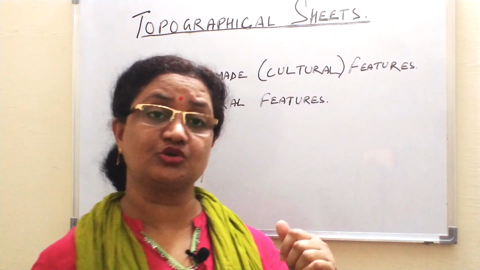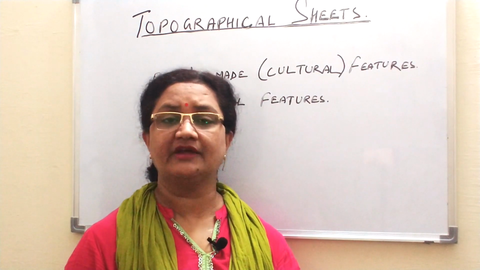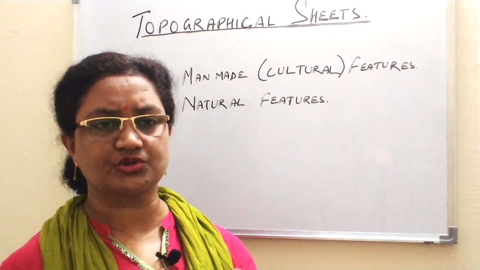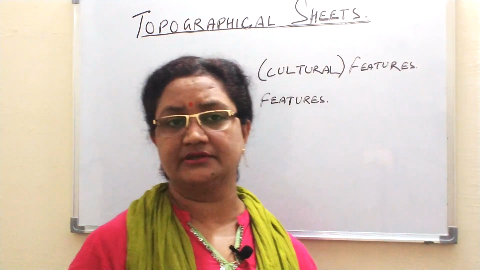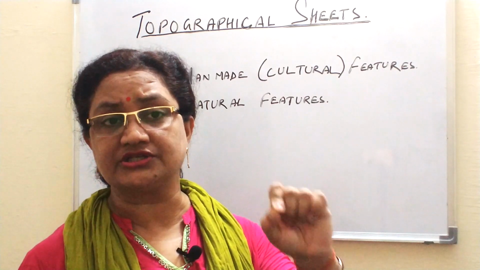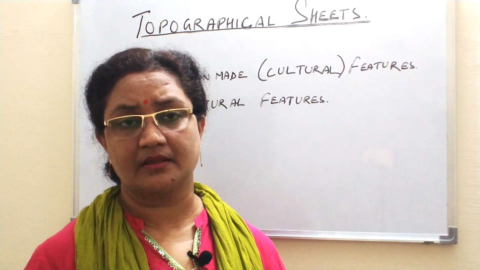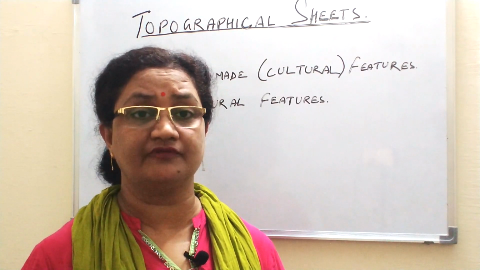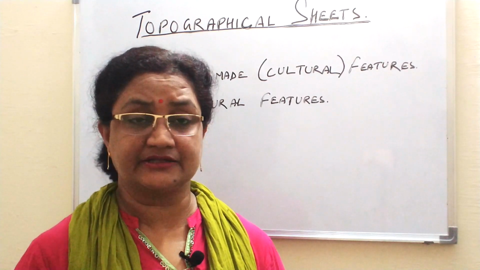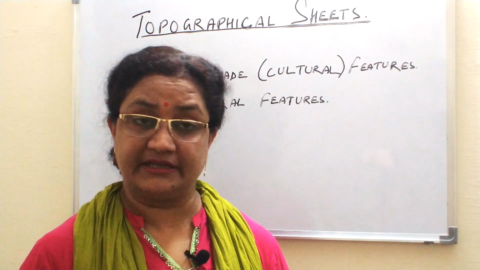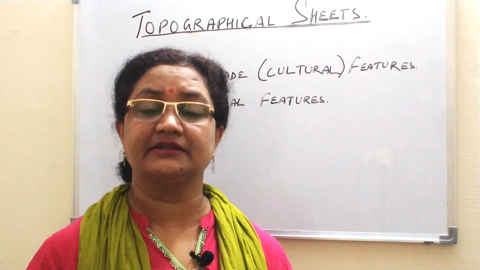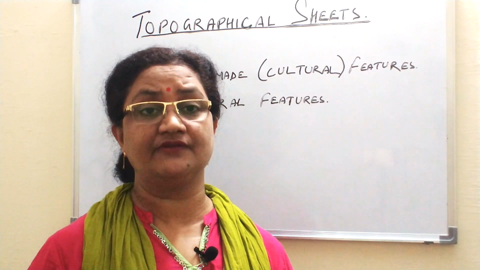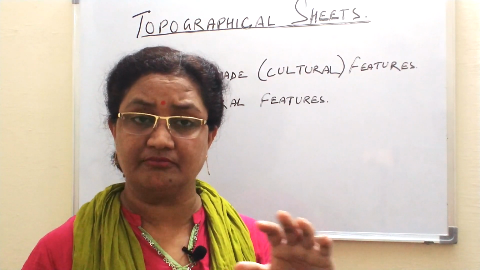Now, what is this topographical sheet? Topographical sheets are maps which show all the different features together on one sheet of paper. In the beginning, it was thought that this would be very difficult and not possible. But it was made possible by the Survey of India, who showed all the different features on a single map.